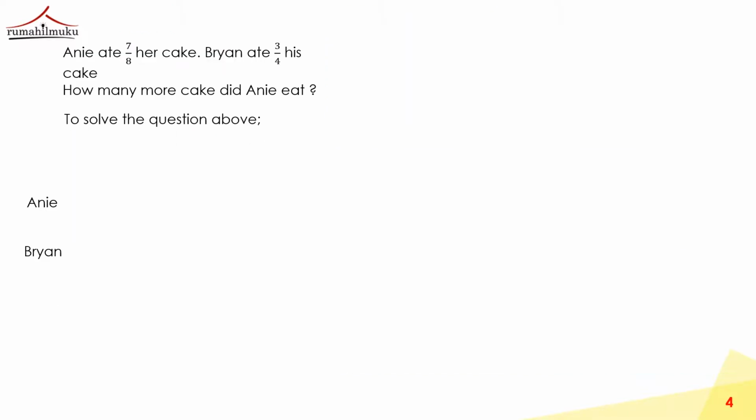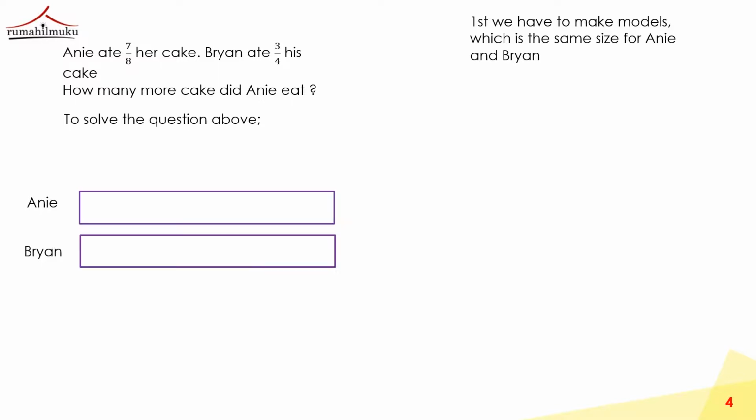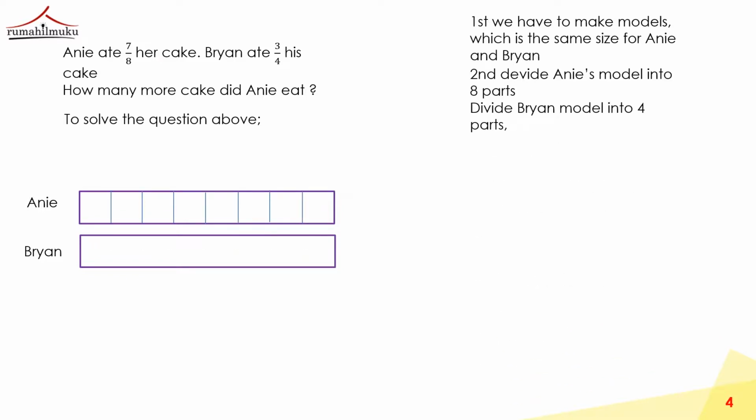Now let's try word problems. In this word problem, Annie ate 7 out of 8 of her cake and Brian ate 3/4 of his cake. How much more cake did Annie eat? To solve the question, first we need to make models in the same size for both Annie and Brian. Then we divide Annie's model into 8 parts because in Annie's fraction the denominator is 8.